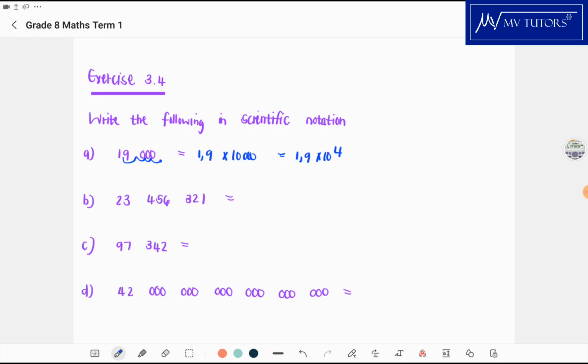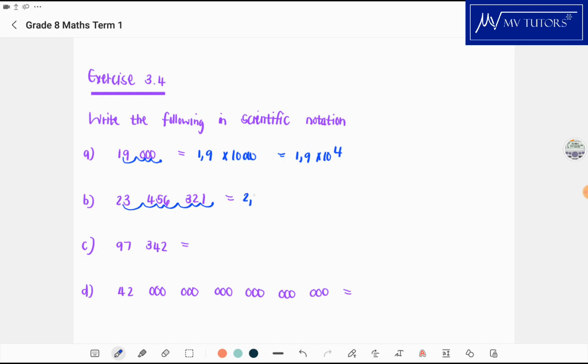Now we have 23,456,321. How are we going to write that in scientific notation? This is where scientific notation actually comes into play. I have my comma there, so I'm going to say 1, 2, 3, 4, 5, 6, 7.